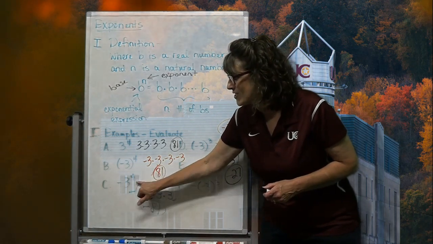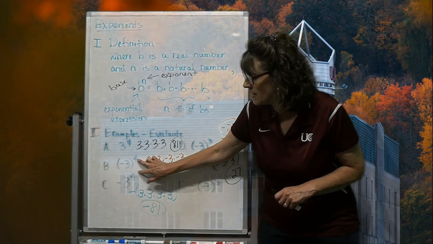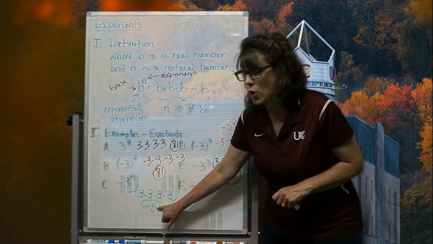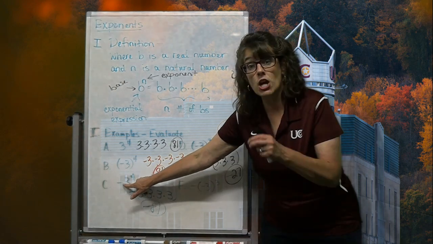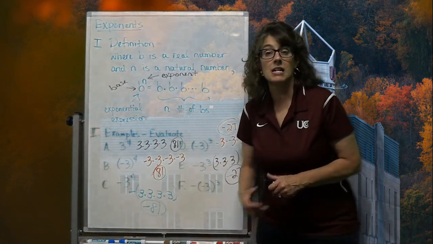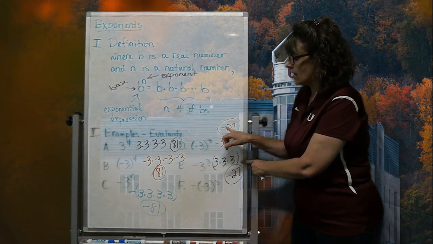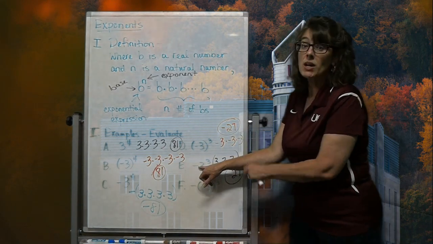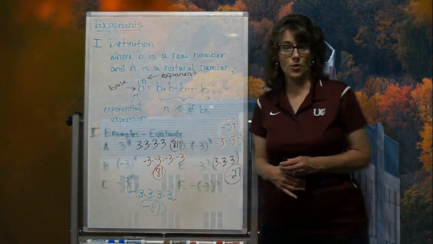I'm comparing these two, my apologies. Here, when my exponent is even, it changes the sign of the result, because an even number of negatives is positive. This one said change the sign of it, guaranteeing that it's negative in the end. The difference here is an odd number of negatives is negative, and here this will guarantee a negative in the end. I will get the same result as opposed to a different result here.